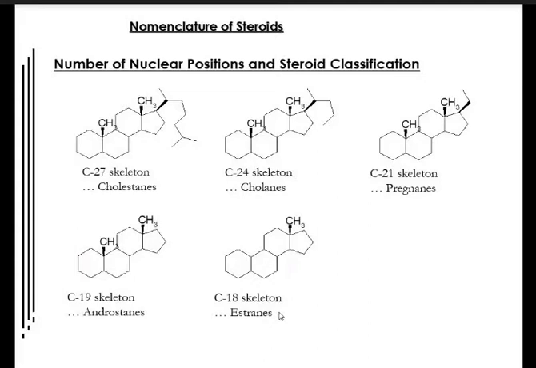So this is how the nomenclature has come up. It has not been done haphazardly; there are rules. Actually this is done by organic chemists, but we should also know something about it. That's why we should understand.